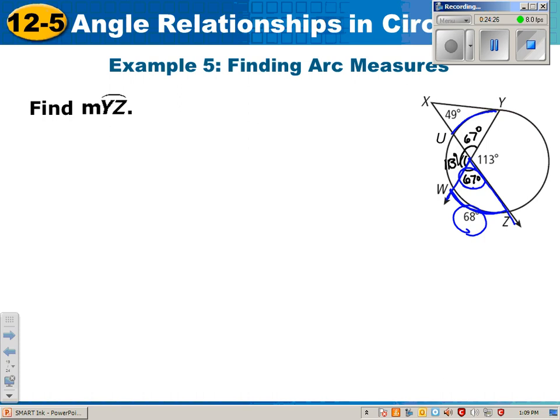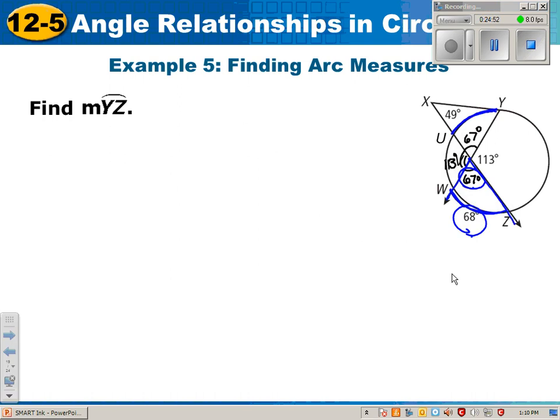This angle should be half of the sum of this arc plus this arc. Agreed? Inside angle is found by doing half the sum of the 2 vertical arcs. So this angle here should be half the sum of these 2 vertical arcs. Stop me right now if you don't understand what I'm talking about.